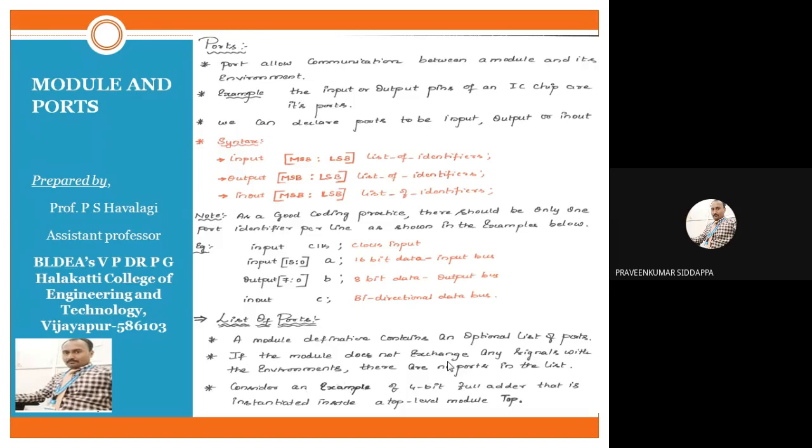If all variables are inputs, we initialize them using the keyword input. If all are outputs, we initialize them using the output keyword. If some act as both input and output, we write them using the inout keyword. After that, within the square brackets, we mention the MSB and LSB.